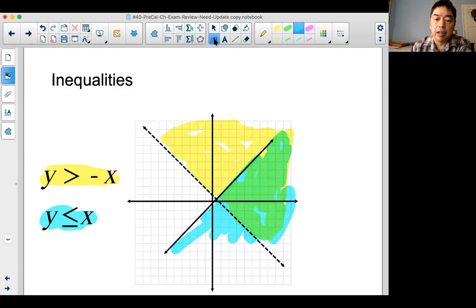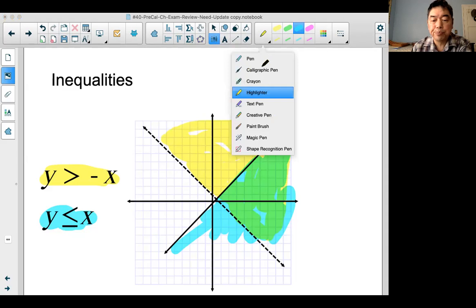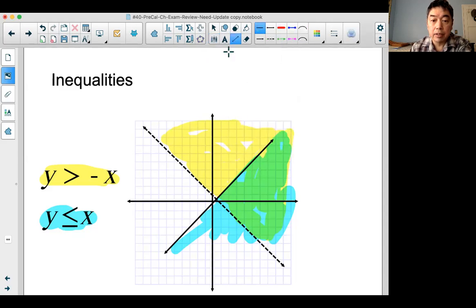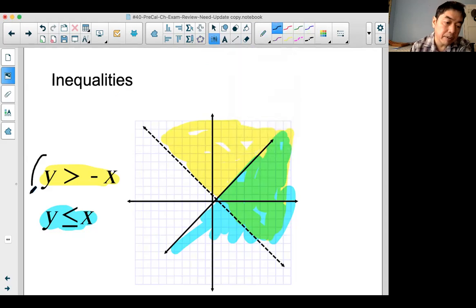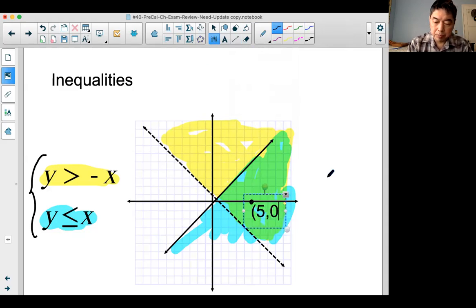If they give you the green section, you have to identify this type of question. Let's pick one easy spot: 1, 2, 3, 4, 5, so 5 and 0. Is 5 and 0 in this condition?